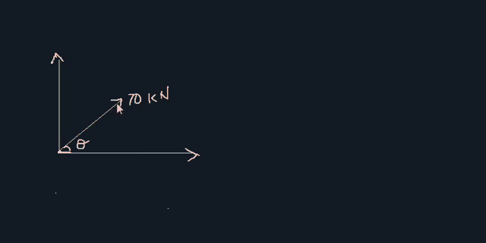So your force is creating an angle theta with the x-axis, or 90 minus theta with the y-axis. So now you can analyze your force, which we will study in the next module.